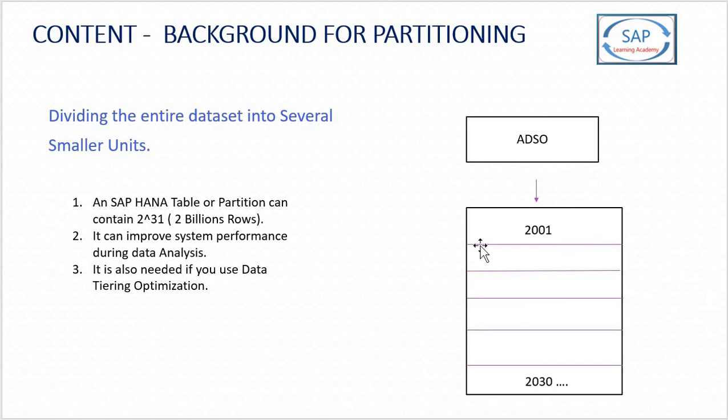And here on the right side you can see an example of how this manual distribution can be done. Suppose your ADSO has a field called cal year, and you can distribute the data into several units, year by year. I will also be showing you that in the coming slide.